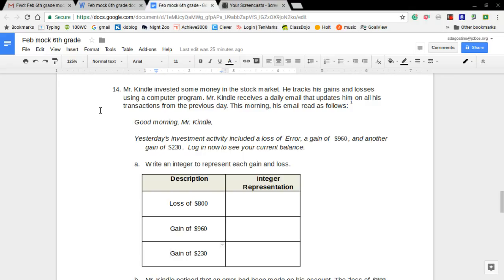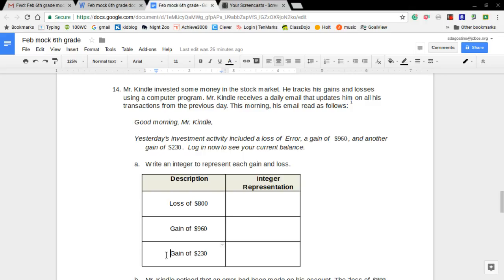Write an integer to represent each gain and loss. Description: integer representation. Loss of $800. Gain of $960.